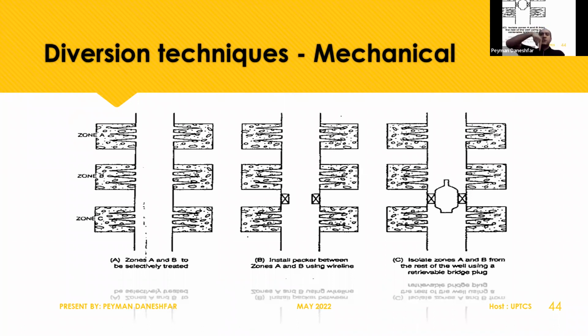And again, we inject the acid inside the coil to only acidize the zone B. With the packer, in a mechanical system, we can acidize a special interval of the formations.